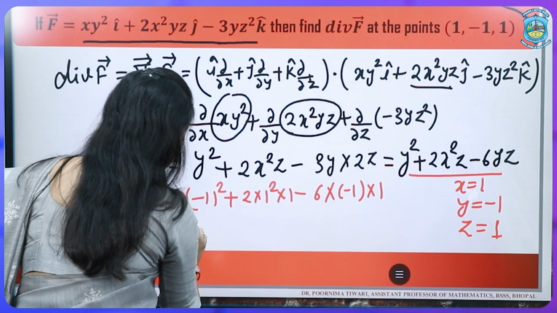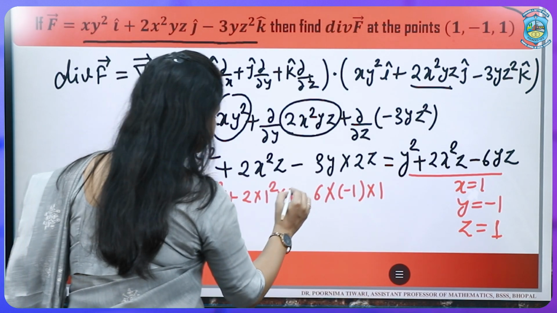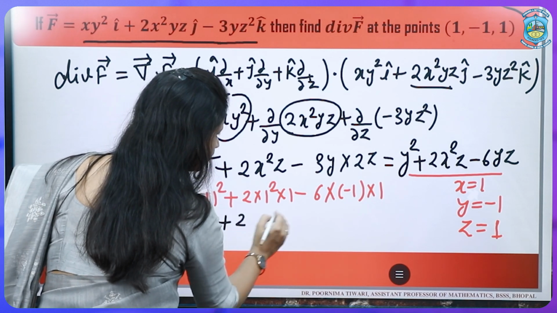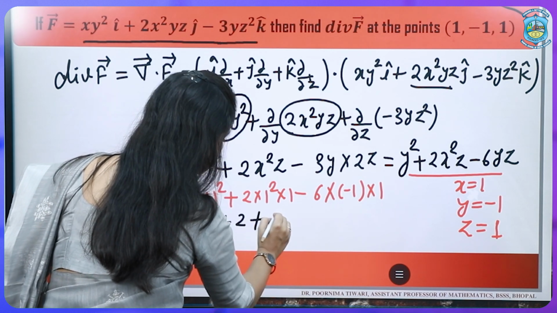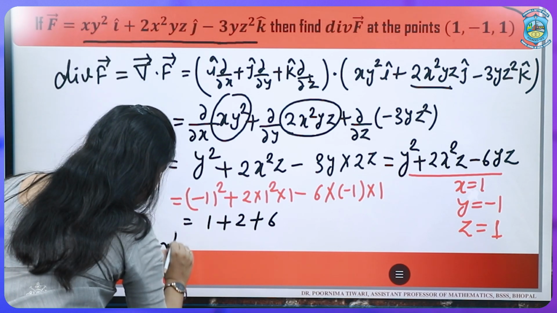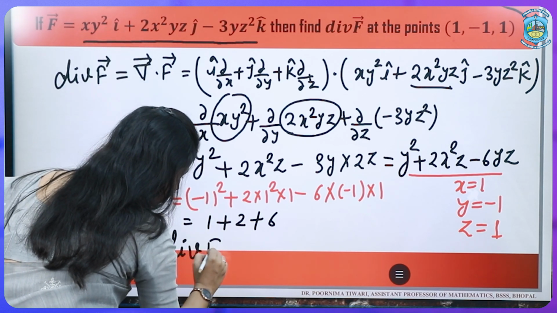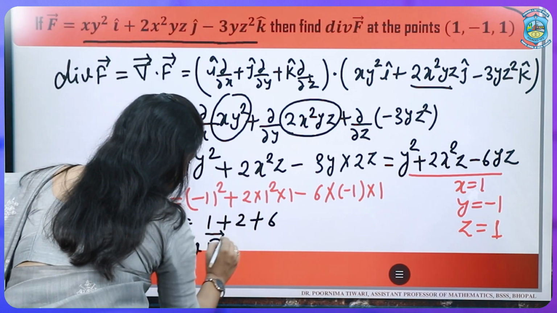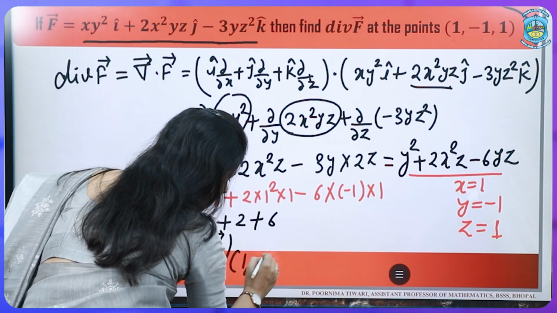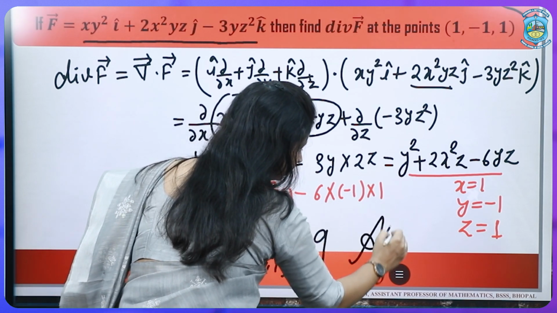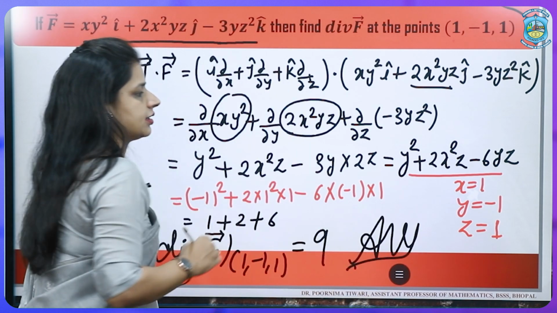Now, when we simplify it, we will get 1 plus 2 and this minus is plus 6. That means, in this case the value of divergence of vector f at the given point (1, -1, 1) is 9. That is our answer.